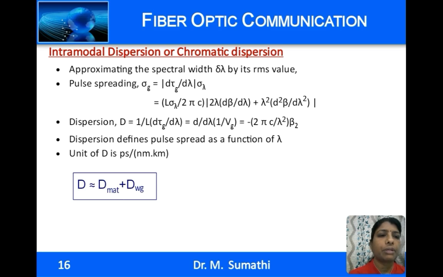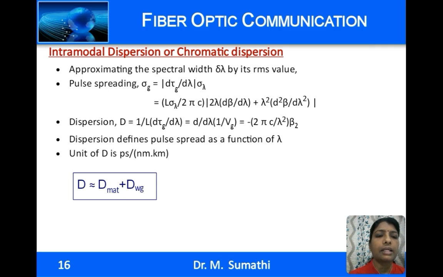So approximating the spectral width by its RMS value sigma lambda, we get pulse spreading as d tau g by d lambda into sigma lambda, and the dispersion is given by this expression. It is minus 2 pi c by lambda square into d square beta by d omega square. Dispersion defines the pulse spread as a function of wavelength, and its unit is picosecond per nanometer into kilometer.